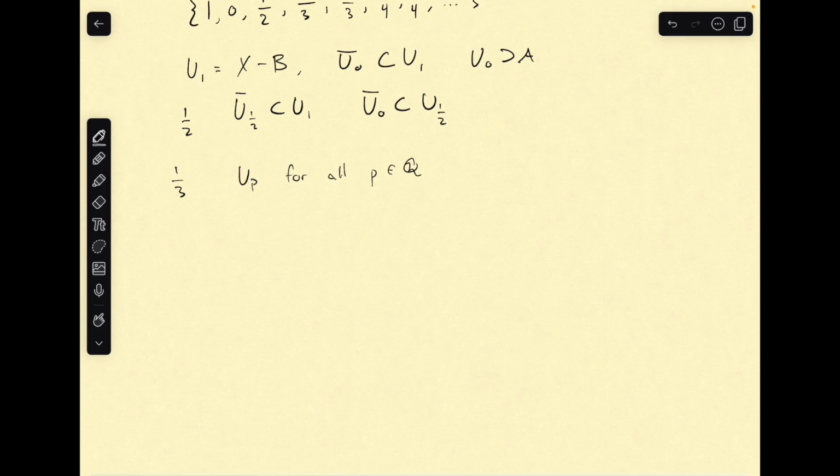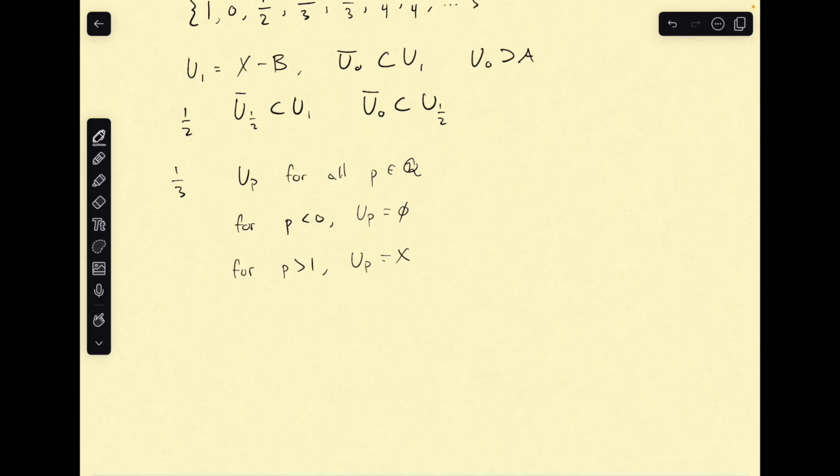And the way we do this is we just say for p less than 0, because we defined for all the p in the interval from 0 to 1. So now we need to get everything to the left of this interval and everything to the right. So for p less than 0, we're just going to say U of p is equal to the empty set. And for p greater than 1, U of p is just equal to the whole space.